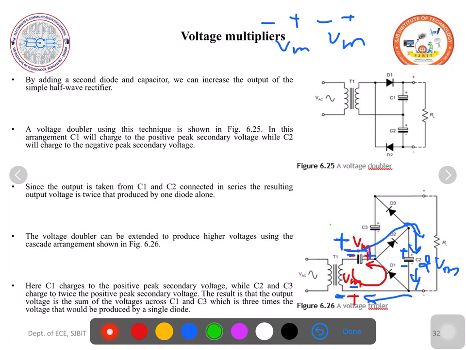Now let us move on to one more negative half cycle, minus, plus. Now the current starts to flow through C2, D3, C3 back to the transformer. I repeat, through C2, D3, C3 back to the transformer.